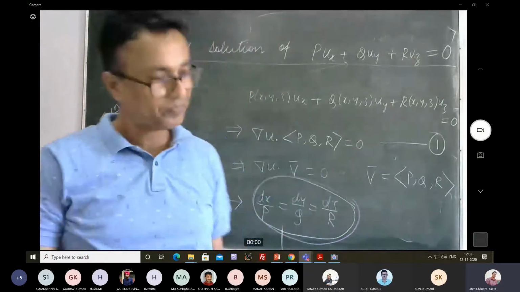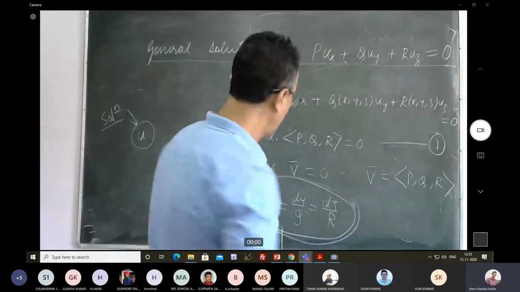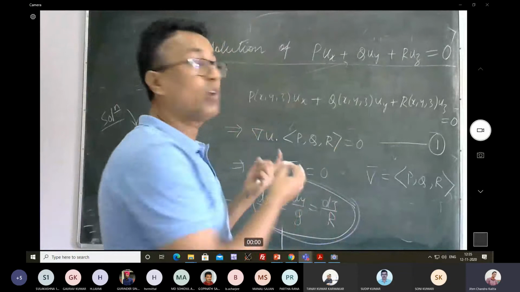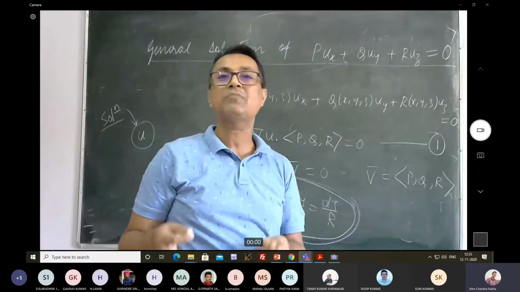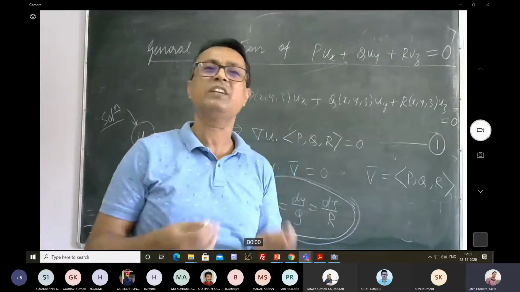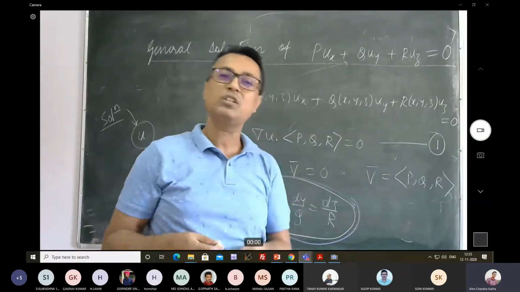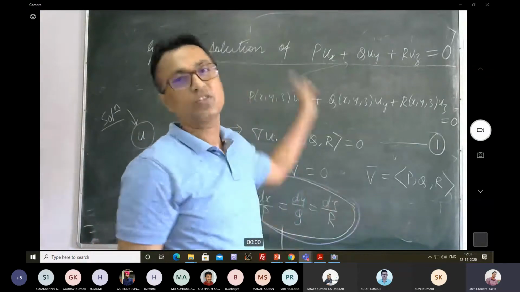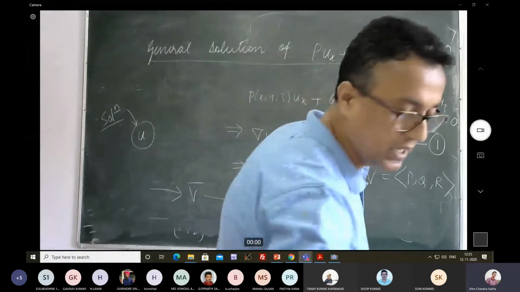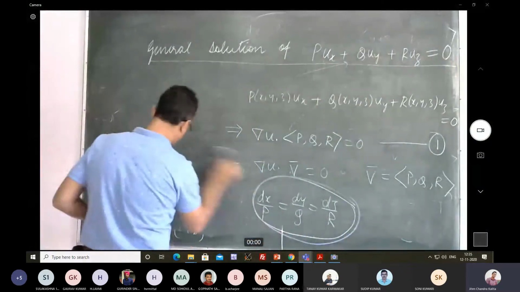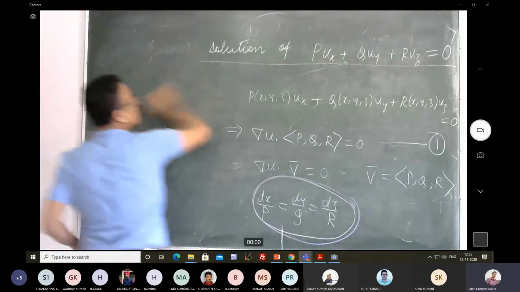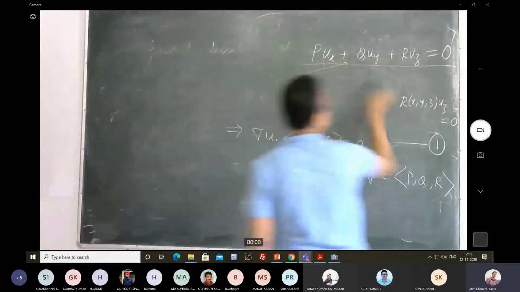That's it. Okay, so now, here I'm not even concerned about integral curves and so on. Here I'm simply concerned about finding some function u of x, y, z which satisfies this equation. That's it. Okay, so you already know how to find out the solution, right? I am going to write two theorems.